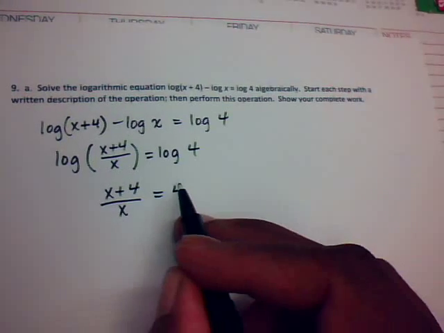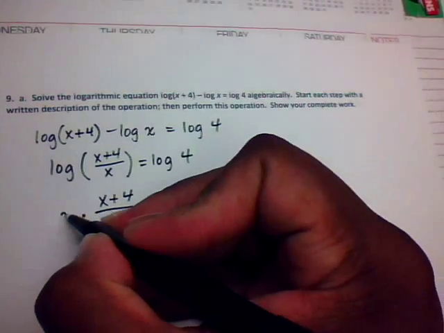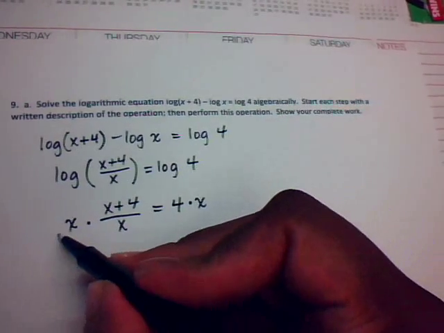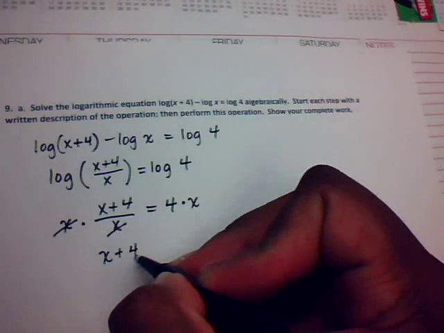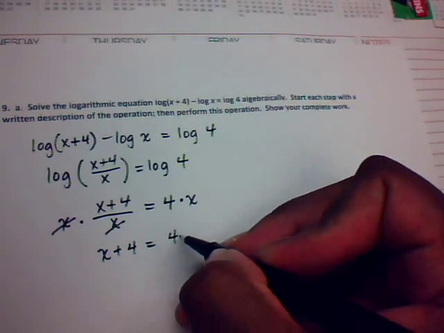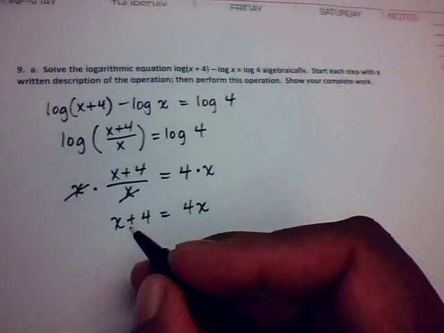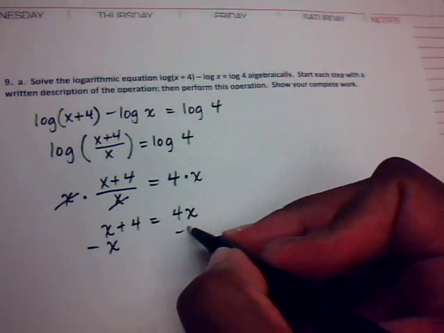Now I can solve this equation for x. Let's get rid of the x in the denominator by multiplying both sides of this equation by x. So here these x's will divide out. You'll have x plus 4 is equal to 4x. And then to get the x's on one side of the equation, I'm going to subtract x on both sides.